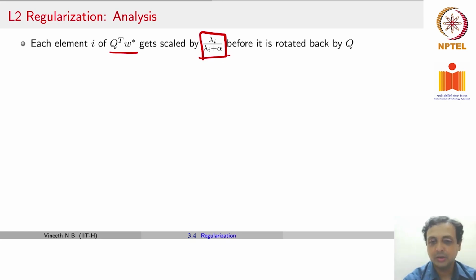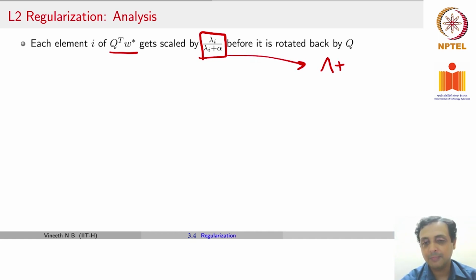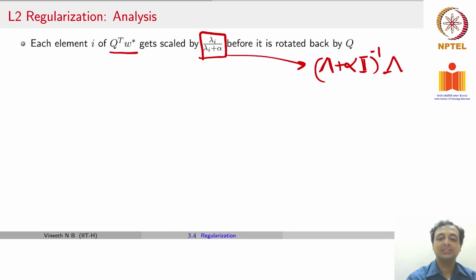How did we get this? We got this as one element of capital lambda plus alpha I whole inverse lambda, which is what we had on the earlier slide. These are going to be diagonal matrices, so one of these terms will turn out to be lambda I by lambda I plus alpha.